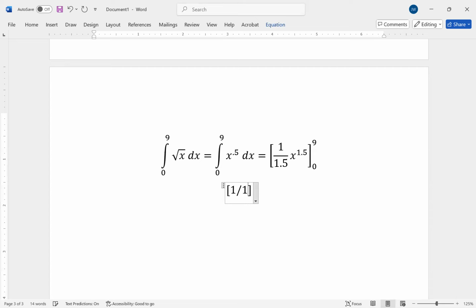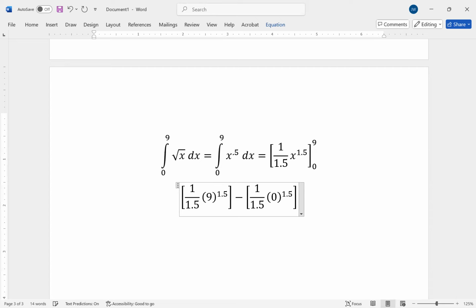So 1 over 1.5 times 9 raised to the 1.5 power minus 1 over 1.5 times 0 raised to the 1.5 power.